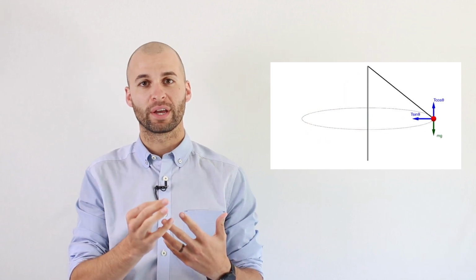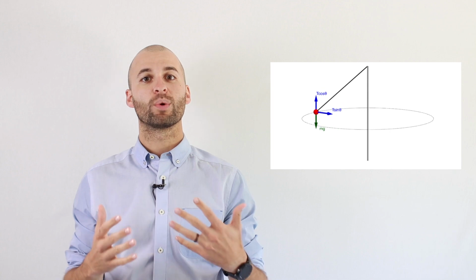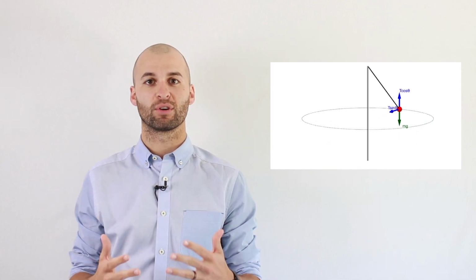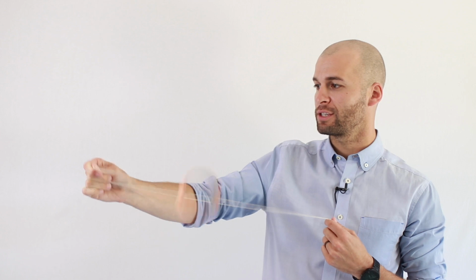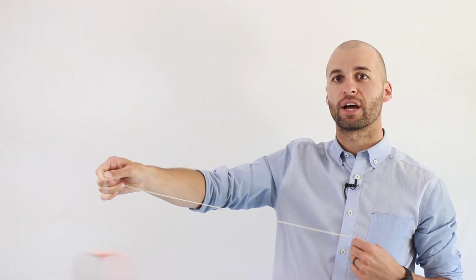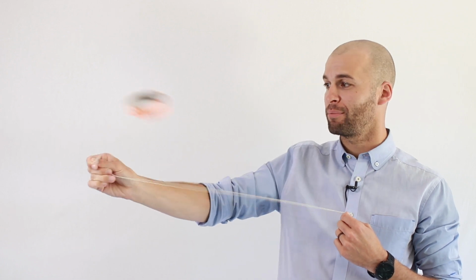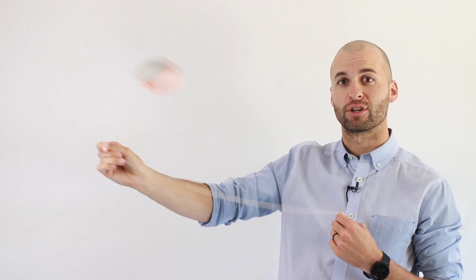For an object going in a circle, that force always has to be pointed in towards the center, or a centripetal force. So think about this masking tape going around in a circle. I'm trying to keep its path as uniform as possible, keeping its speed fairly constant. Now, without the force that's acting on the masking tape, it won't go in that circular path.